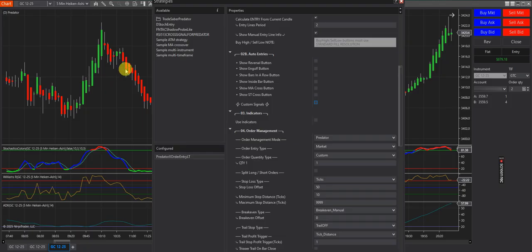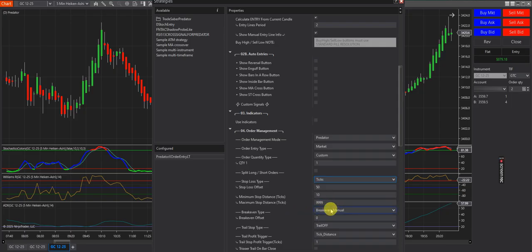So you can type the tag name or use the plot value. Then when your indicator plots those signals, you can have the Predator enter a trade based on your criteria. You can set the stop loss here. You can also set the stop loss type: high low, ATR, super trend, percent, or custom plot.